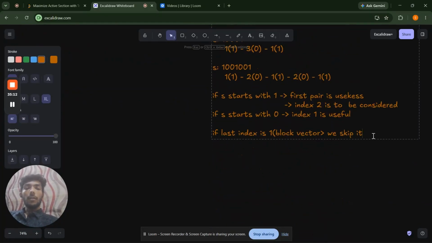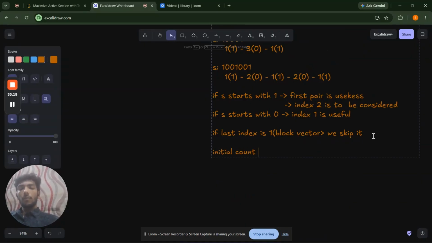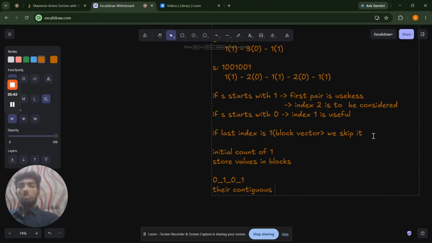So what we are doing is first initial count of 1, then store values in blocks, that is 0 1 0 1, where the continuous run of a value appears as one block.